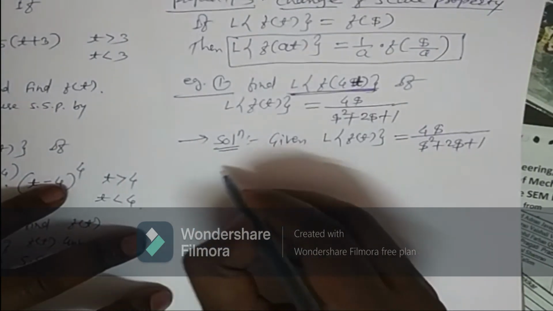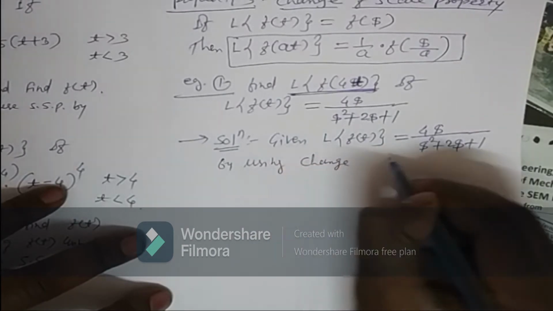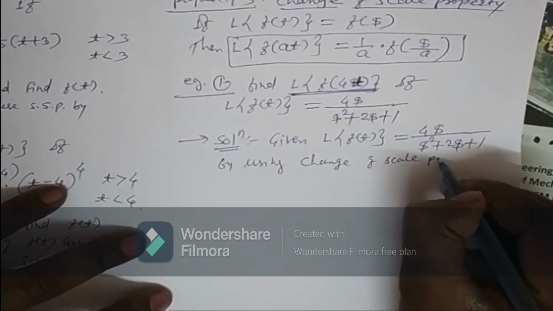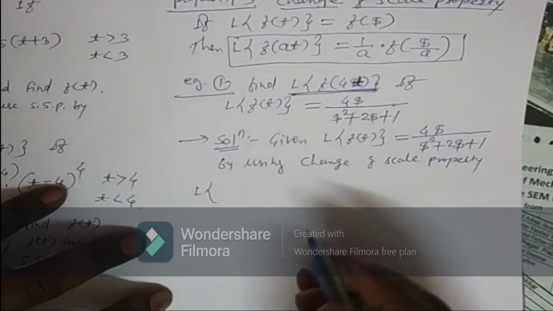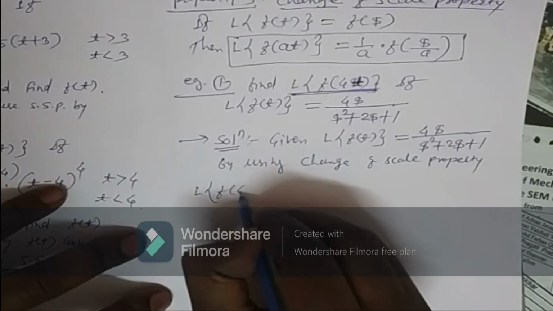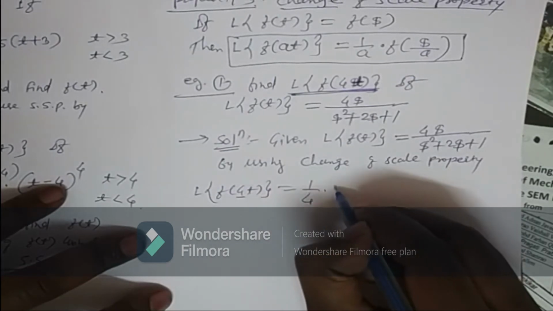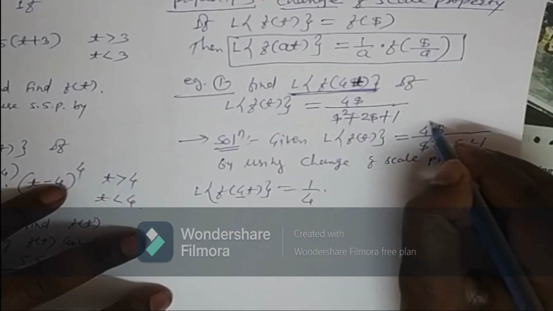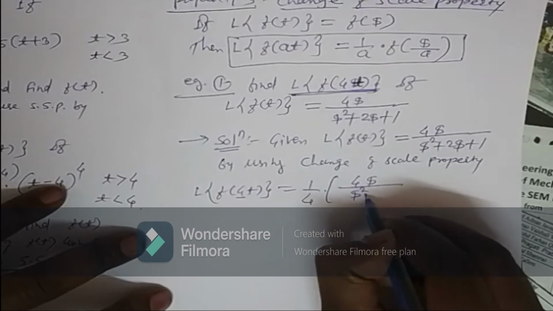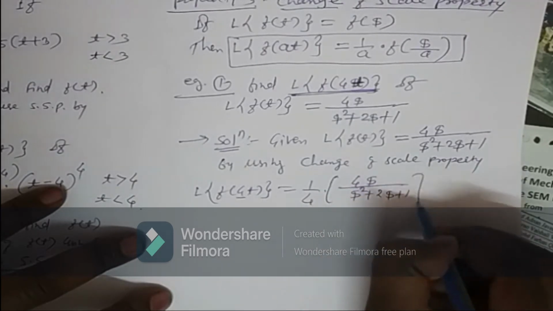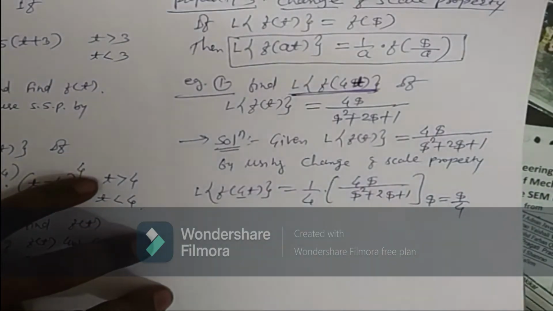Now, by using the change of scale property, the Laplace transform of f(4t): the value of a is 4, so it is 1 upon 4 into F(s/4), where F(s) is 4s upon s square plus 2s plus 1. So just replace s by s upon 4. This is the meaning of the change of scale property.